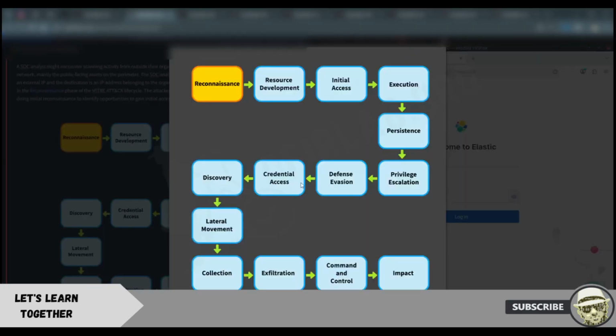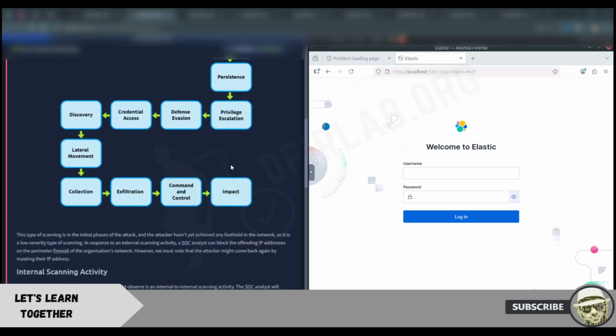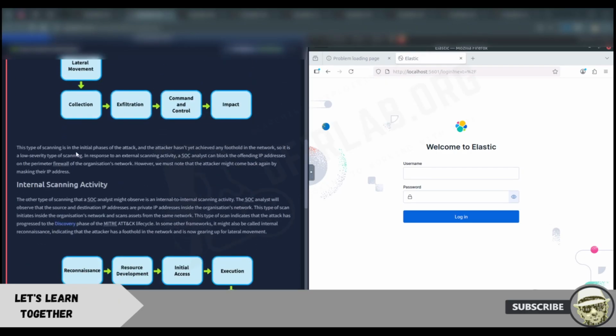So here we go. The attacker is in this stage, reconnaissance. This type of scanning is the initial phase of the attack, and the attacker hasn't yet achieved any foothold in the network, so it is a low severity type of scanning.